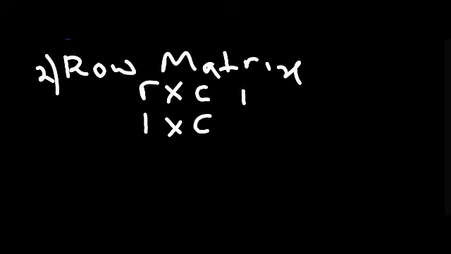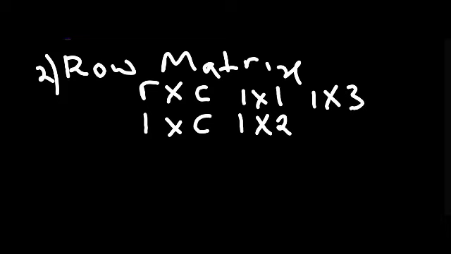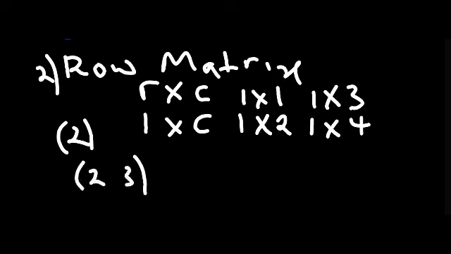So it can be a 1 by 1, a 1 by 2, a 1 by 3, or a 1 by 4. So this will consist of one row. So it can be something like this, or like that, or like that.